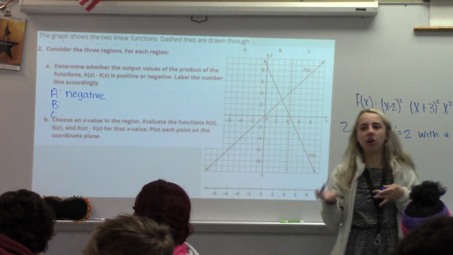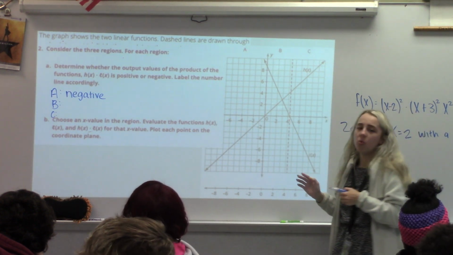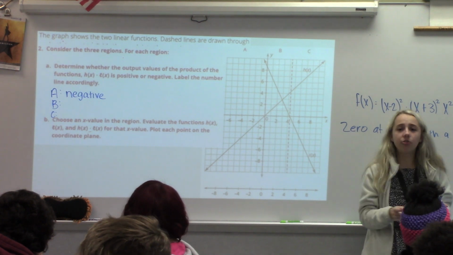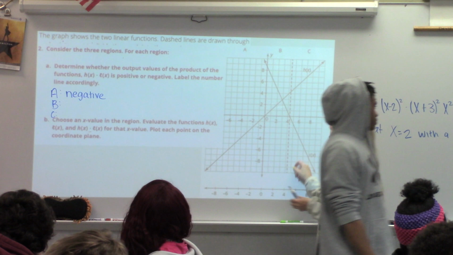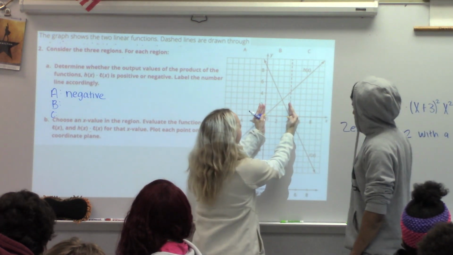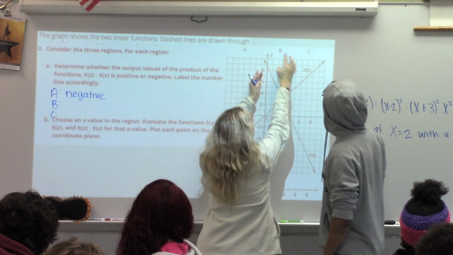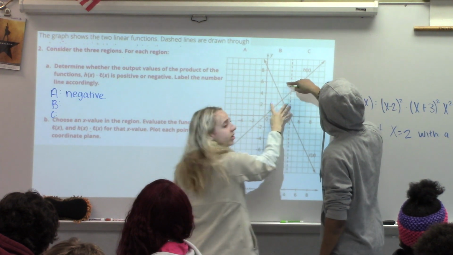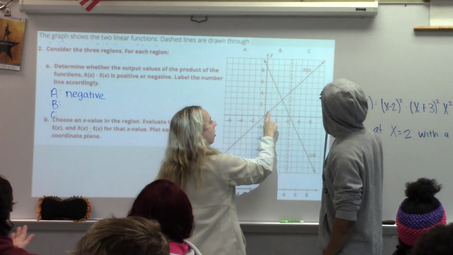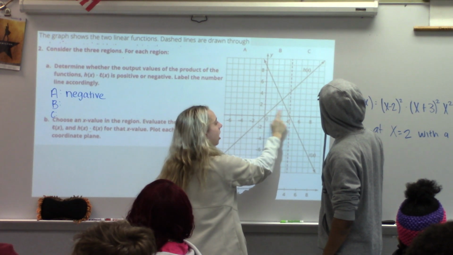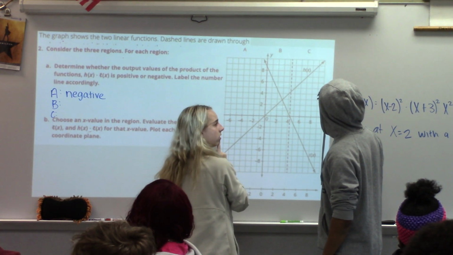So guys, something else I told the last class is when you're looking at these regions, look at your paper and use your pencil and trace the lines with your fingers. So we're looking at region B. That's everything in between these two lines, right? We're asking ourselves, are these outputs in between here positive or negative?